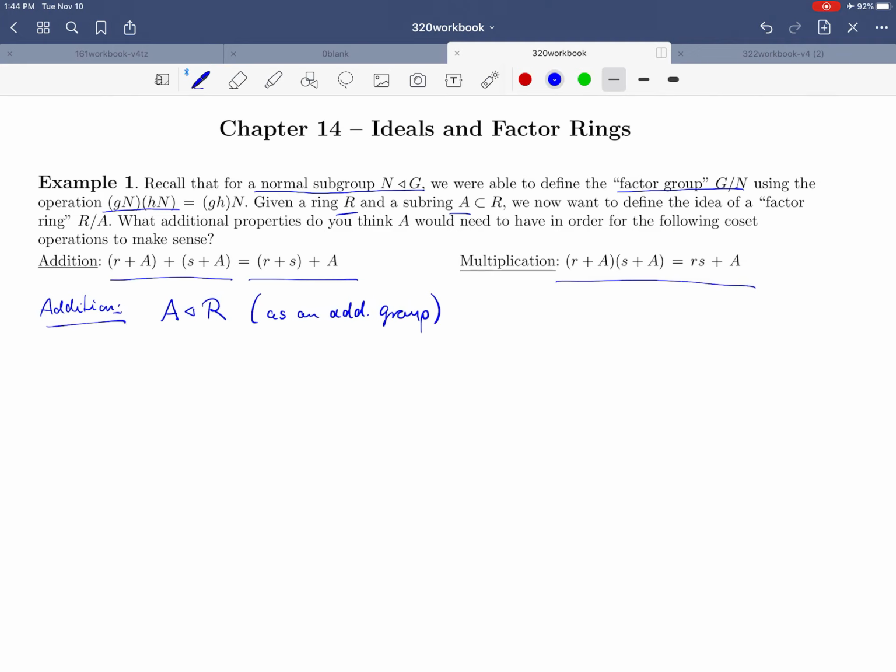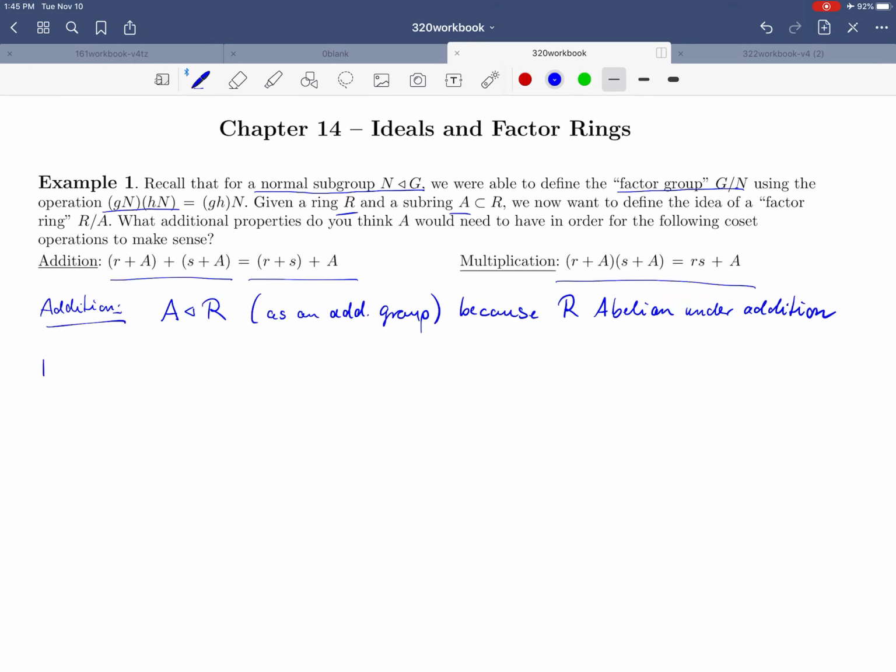So if you look at a subring under addition, it already is a normal subgroup under addition. So the coset addition makes sense just because of what's true about a subring anyway. So let me write this down. Because R is abelian under addition, what we already know about coset addition for groups just carries through here.